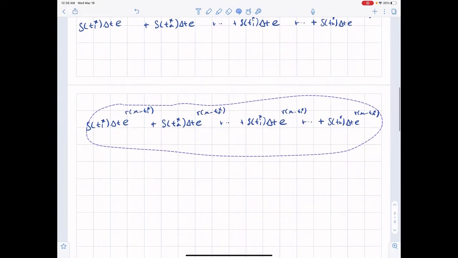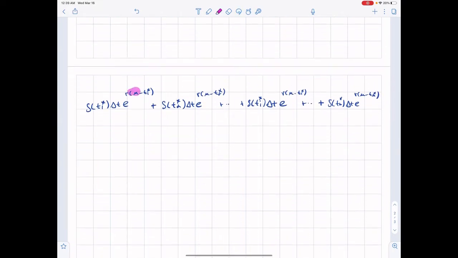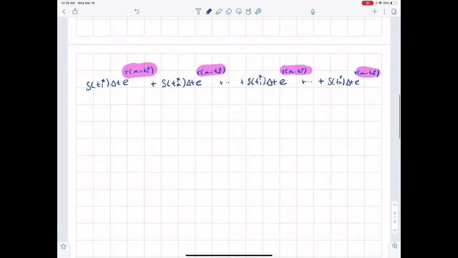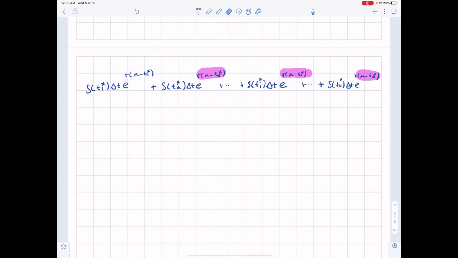And so in order to turn it into an integral, I'm going to see if I can simplify it a bit. The first thing I'm going to do is look at the exponents of the e. Each one of these, I can actually distribute that r in. I can make this e to the r m minus r t1 star. I can make this e to the r m minus r t2 star.